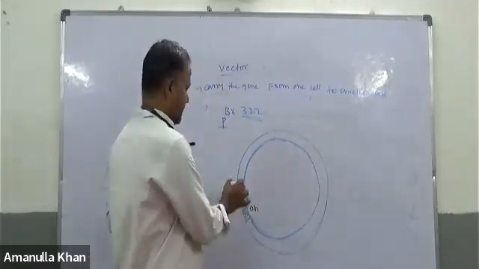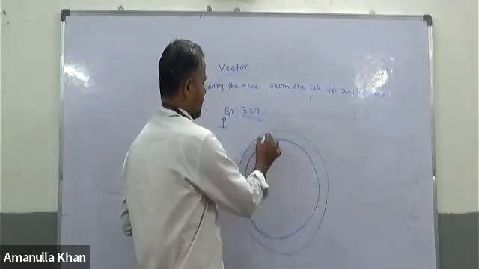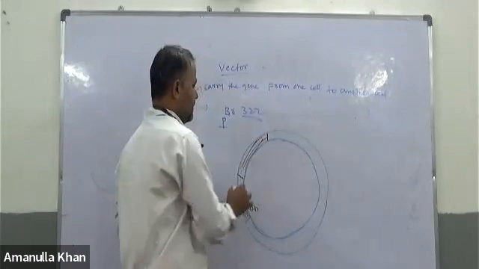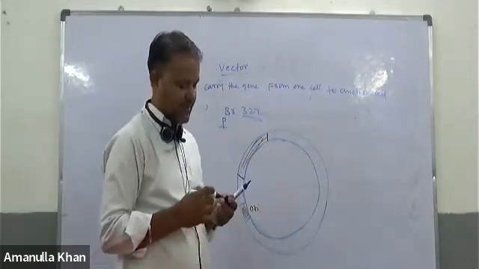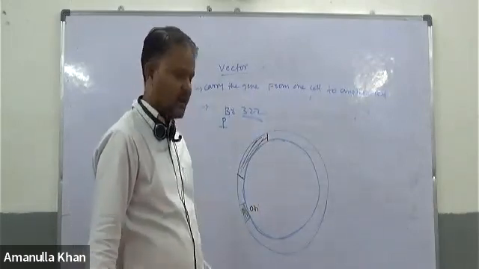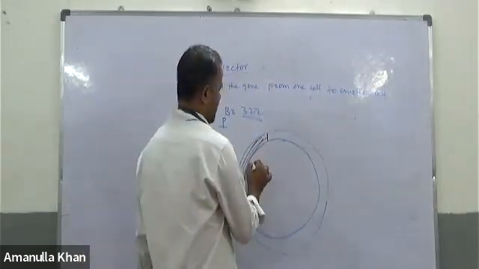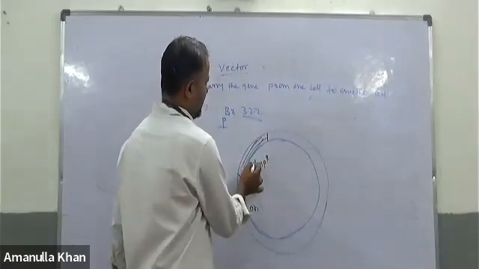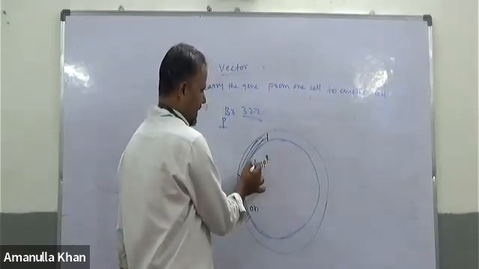Then from here to here is empty space. From this region to this region, which gene is present? Ampicillin resistance gene, in short form AmpR.